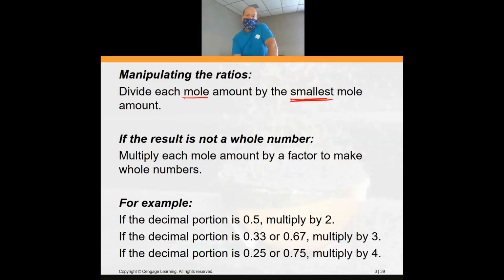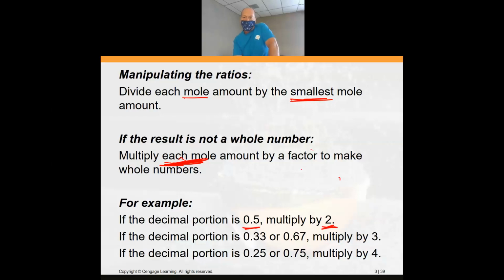It doesn't always come out to be whole numbers. If it is not a whole number, you're going to have to multiply every single mole amount by some factor to make every number a whole number. So if you had divided and got something that was 0.5, in order to get rid of a 0.5, you multiply all of them by 2.